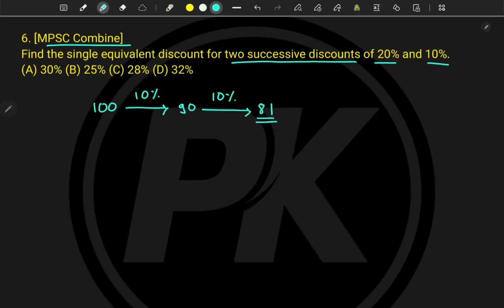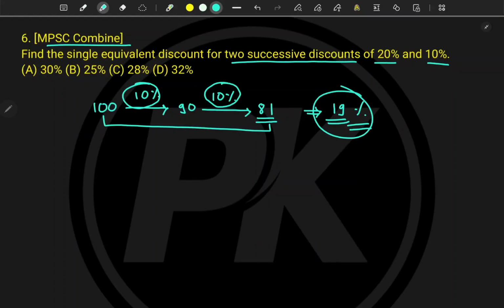And hence, here the ultimate discount is how much? 100 minus 81, the difference is 19. That means the ultimate discount was 19%. So you are not just summing 10 and 10 to get a 20 percentage discount. No, it is ultimately a 19 percentage discount when I am comparing it with respect to the original price.